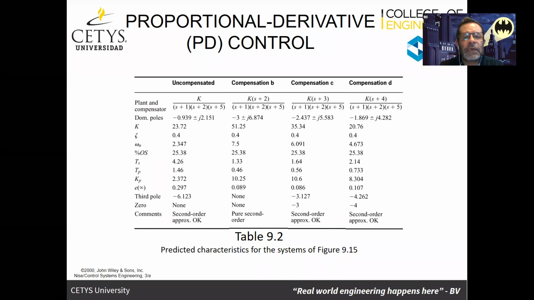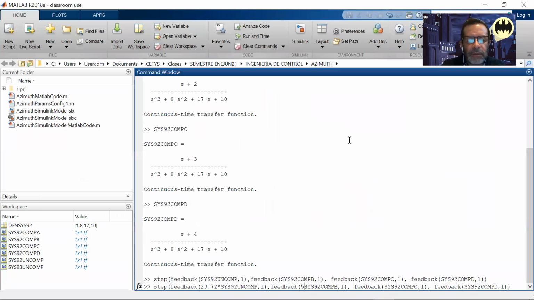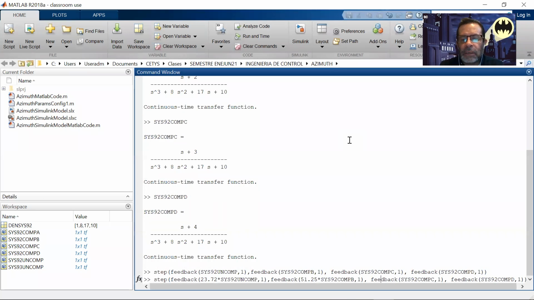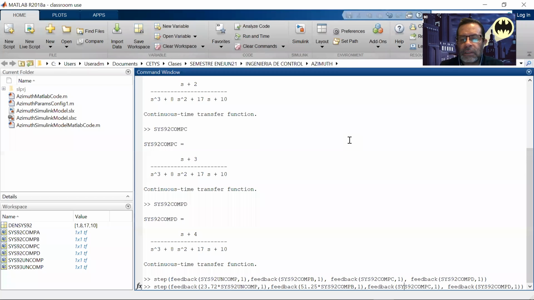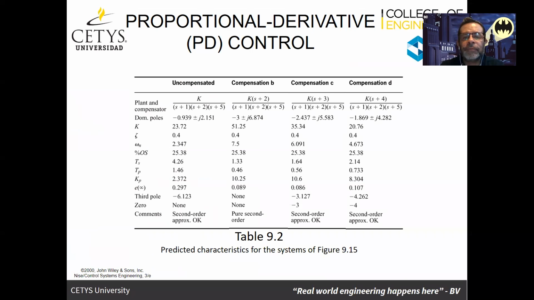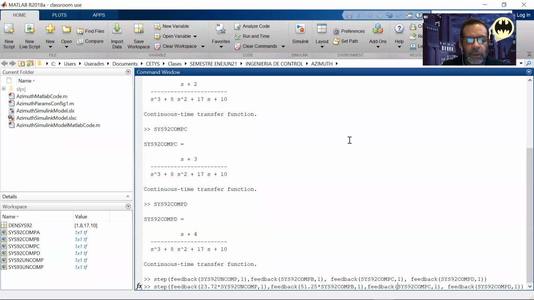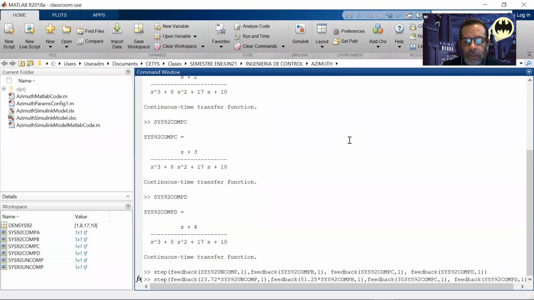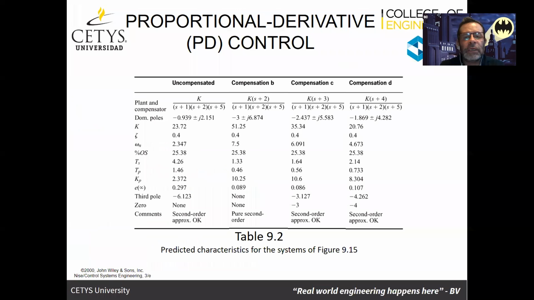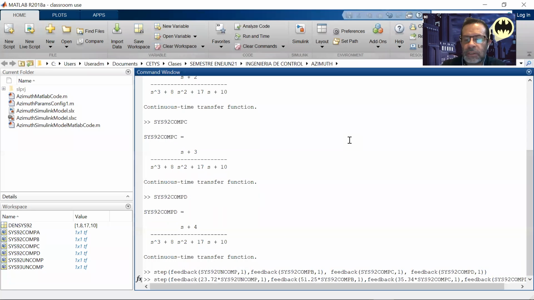For compensation B, it's 51.25. The third one is 35.34. And the fourth one, or D, is 20.76.